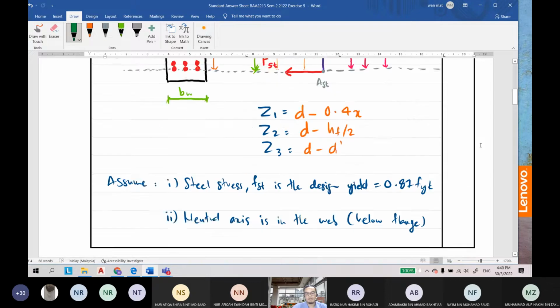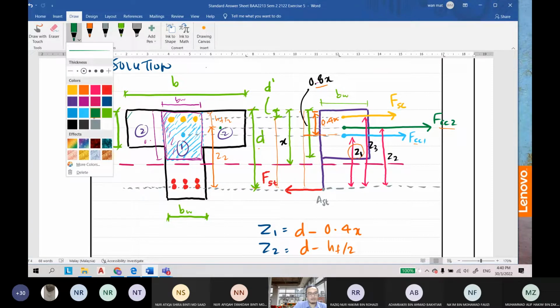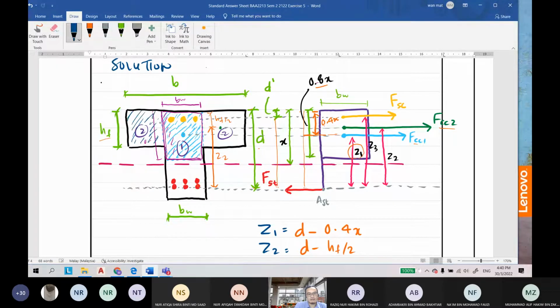Next, the FCC2 is equal to, similar concept, the area of these two. This is FCC2, the area of this and also this area. So the width here and the width here, let's say B1 and B2.